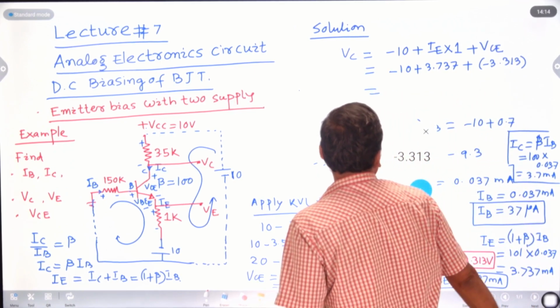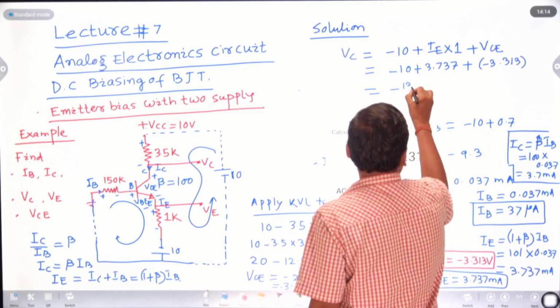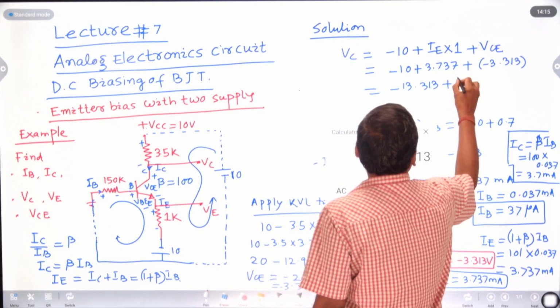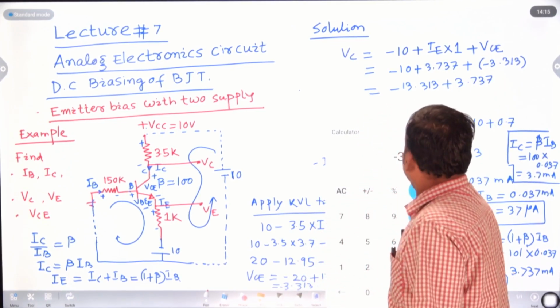What will be my value? It is around minus 13.313 plus 3.737.